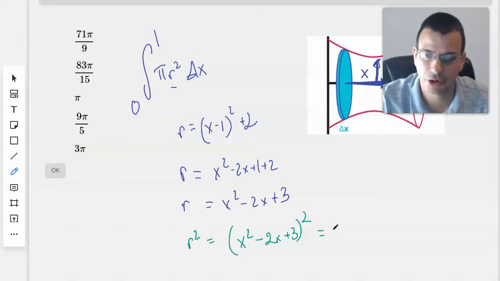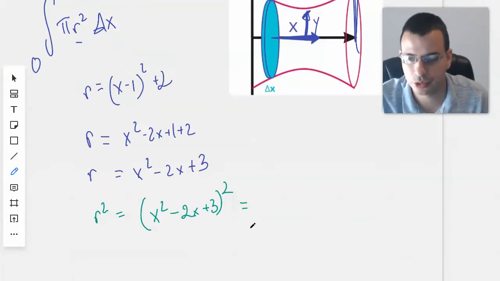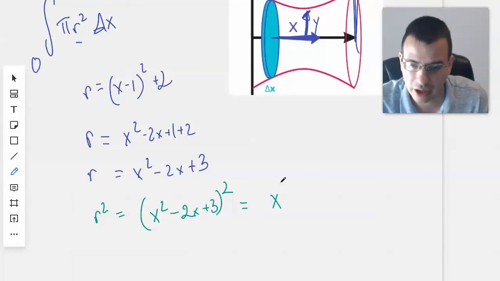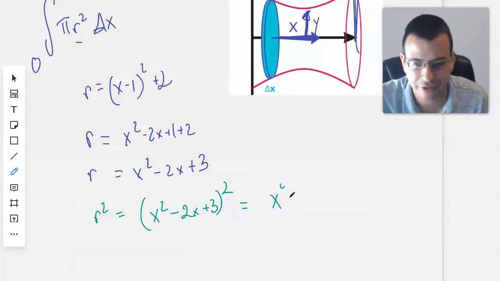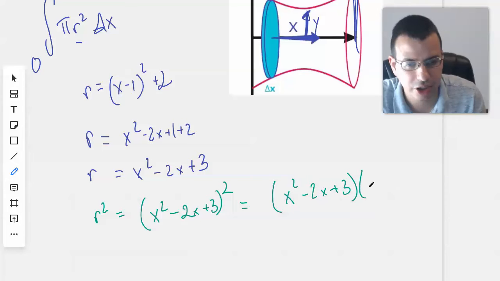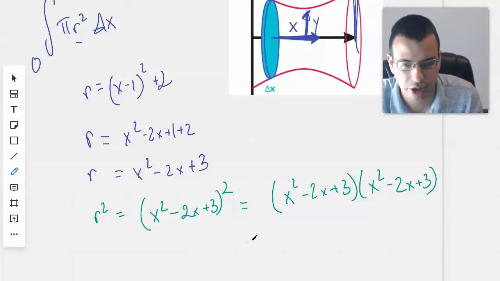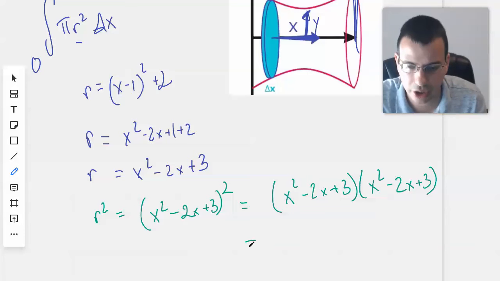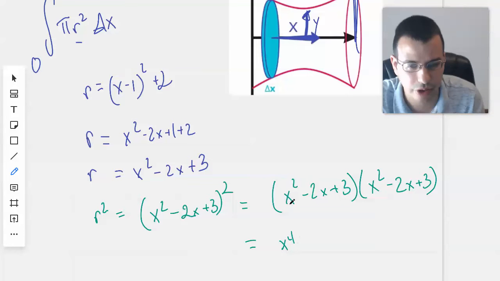So we're going to multiply everything by everything else. I'll write this out first: x squared minus 2x plus 3 times x squared minus 2x plus 3. We do x squared times x squared, which gives x to the fourth, minus 2x cubed, plus 3x squared.